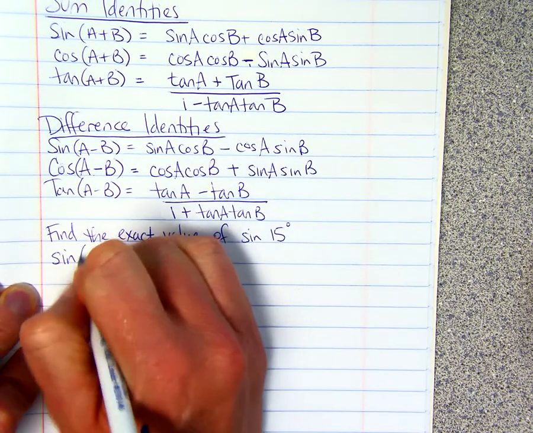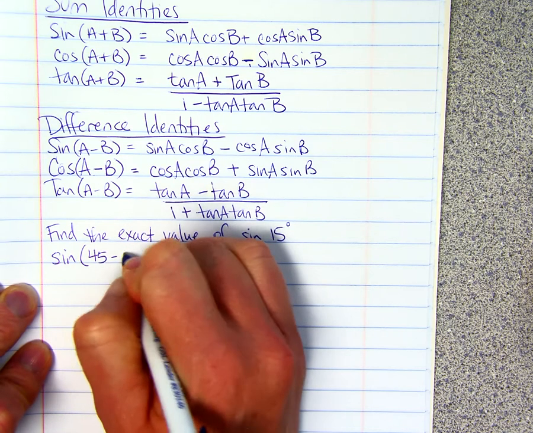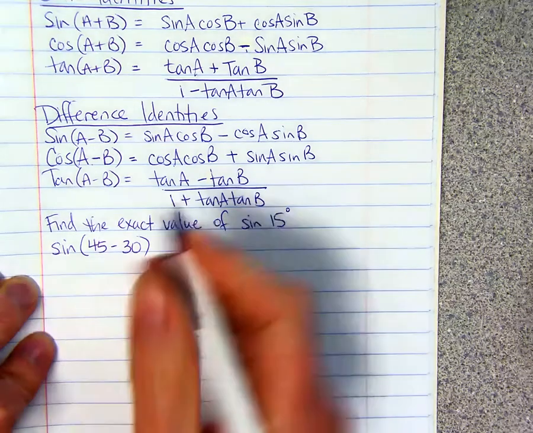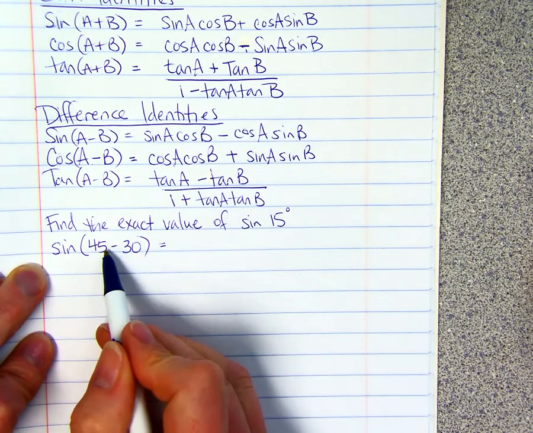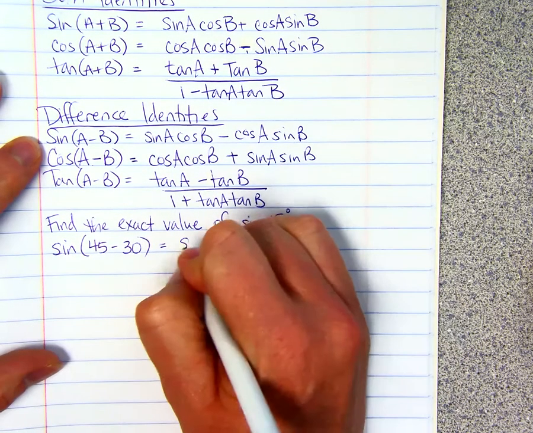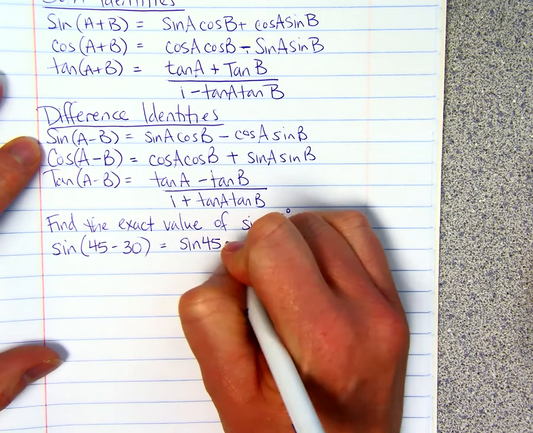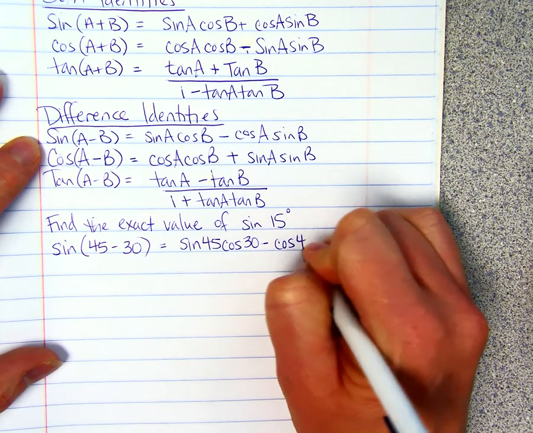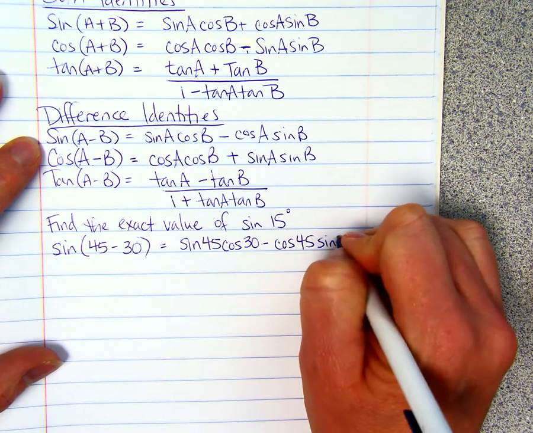So you could do the sine of 45 minus 30, which is the same thing as sine of 15. So the difference identity: you take sine of 45 times cosine of 30 minus cosine of 45 times sine of 30.